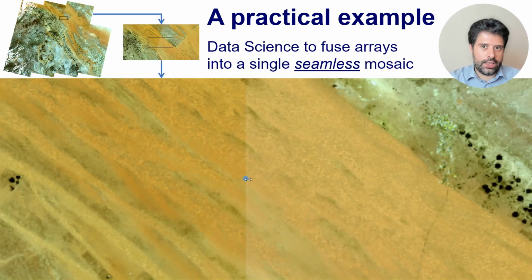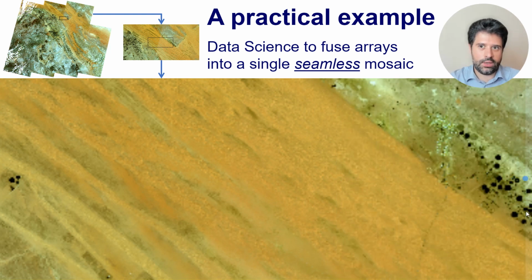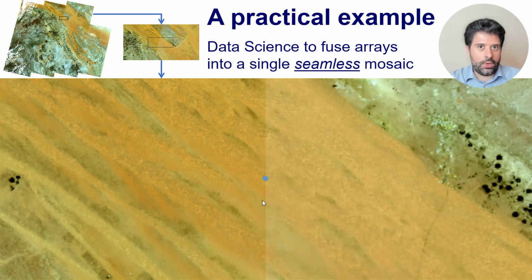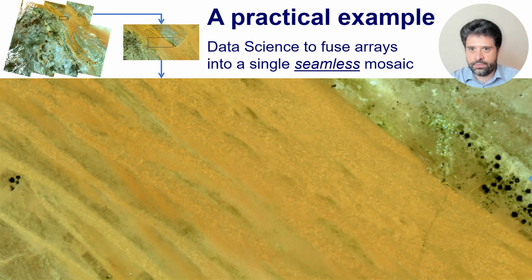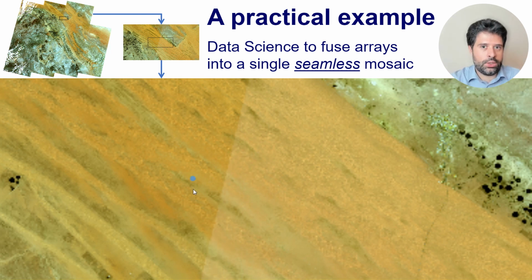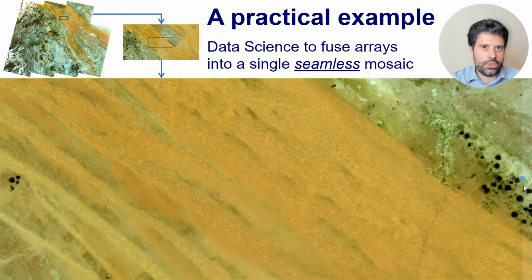A single array, a satellite scene in this case, often doesn't fully cover the area of interest. In this case, the mosaic operator, equipped with data science techniques, is used to fuse a large collection of input arrays into a single seamless mosaic, a large multidimensional array where the visibility of stitches between individual input arrays is minimized.